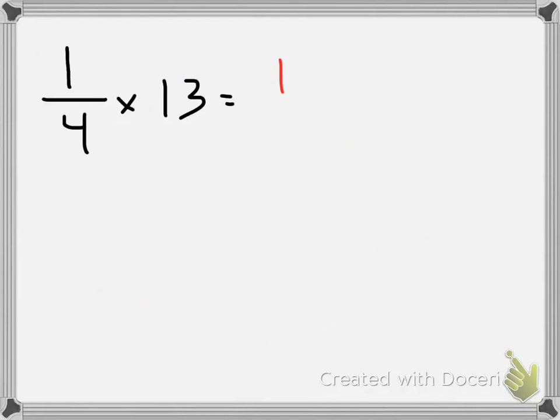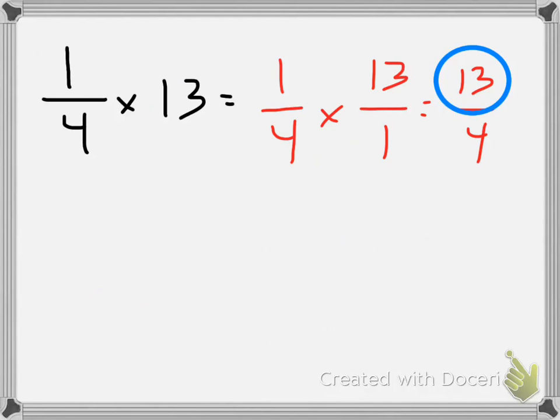So this would be 1 over 4 times 13 over 1, which would be 13 over 4. Now I want to find a compatible number that 4 can go into. So 4 cannot go into 13 evenly. So I want to estimate 13 to be something that 4 can go into. It can't be 14, but I can estimate it down to make it 12.